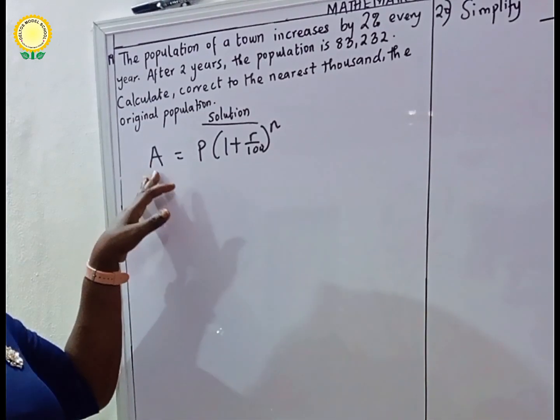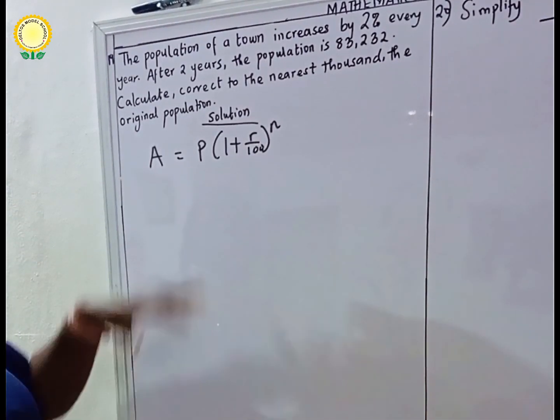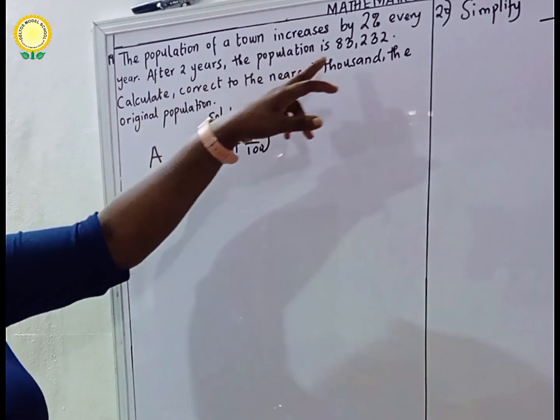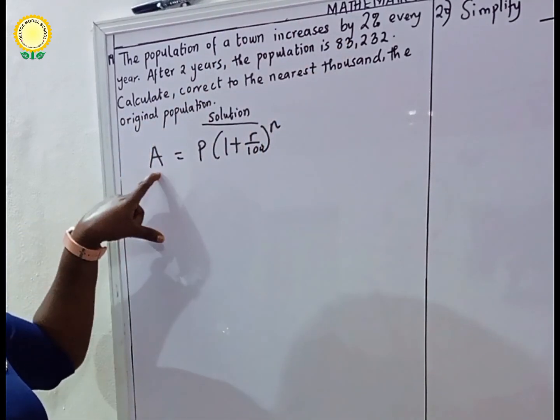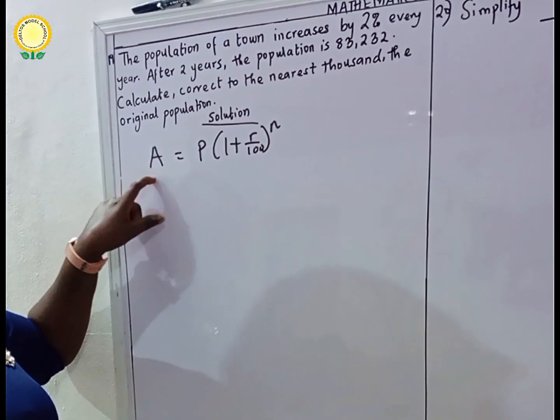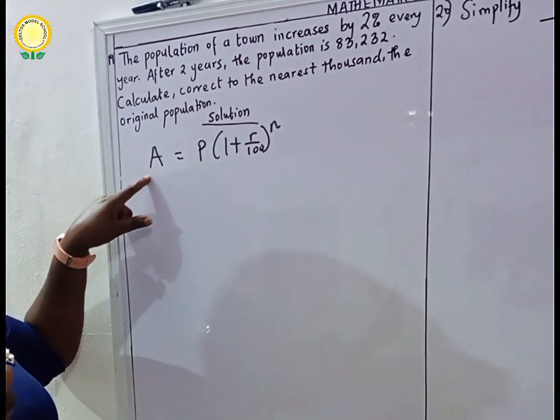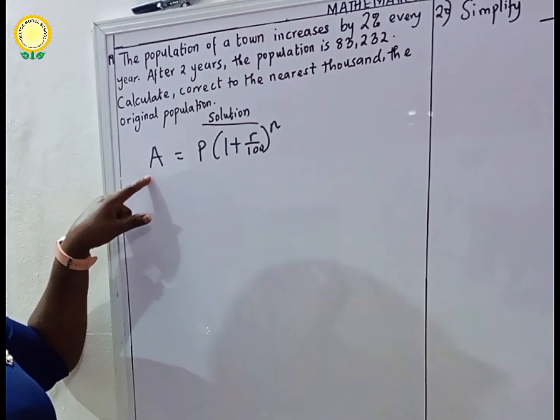So let's just say this is the total amount of the population. After 2 years, the population has increased to this. So this is the total population that it has increased to after 2 years, just the way you have amount after some number of years for compound interest.